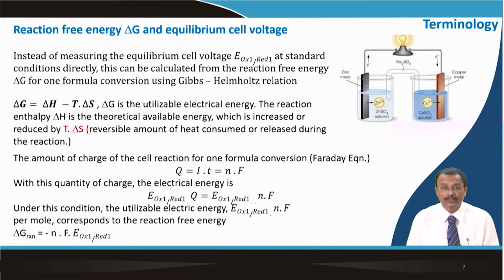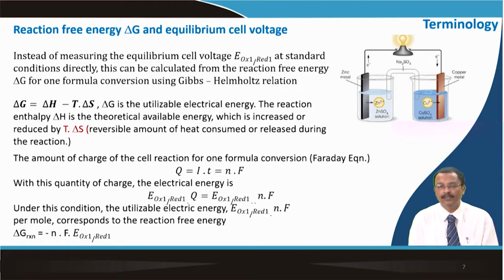So, now we are in a position to estimate the reaction free energy and equilibrium cell voltage. Instead of measuring the equilibrium cell voltage, that is, the voltage of oxidant and reductant at standard condition, it can be calculated directly from the reaction free energy, defined as ΔG for one formula unit conversion, using the so-called Gibbs-Helmholtz relation.